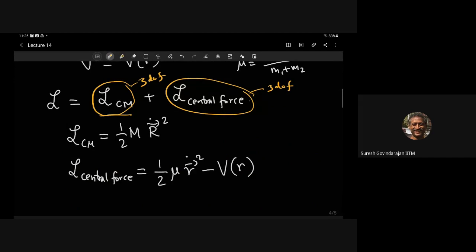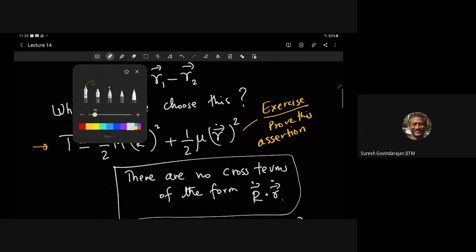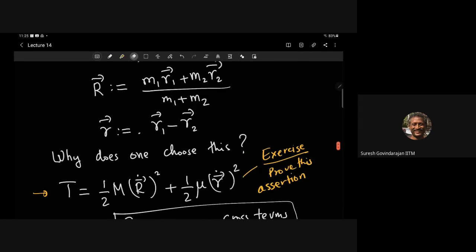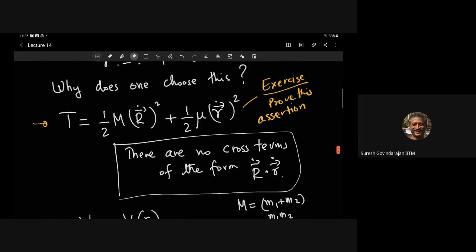Okay. I mean, if you just focused on the kinetic energy like I did here, then I don't think there is any reason to prefer capital R and little r over R1, R2. It's really the fact that the force depends on the combination R1 minus R2, which suggests this change of variables, which suggests that we can work with little r. It doesn't tell you what capital R should be, and the way you fix capital R really is to say that let's choose R such that there are no cross terms.